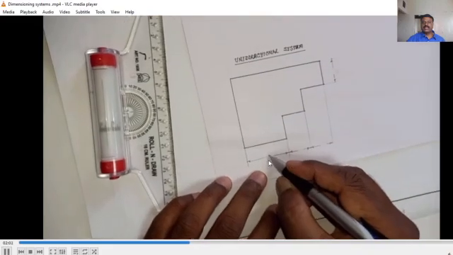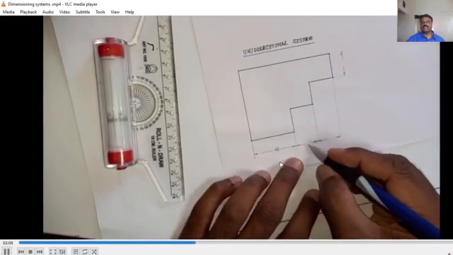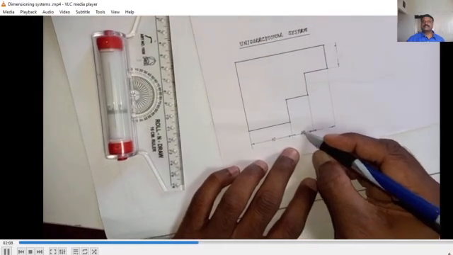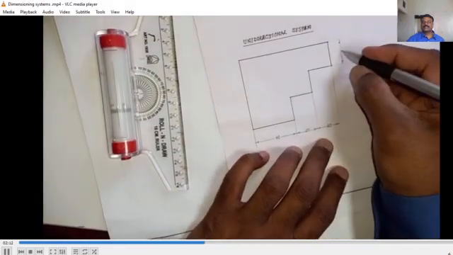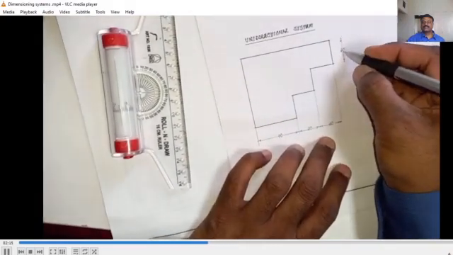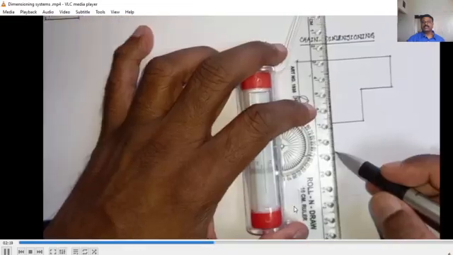So break the middle of the dimension line, and at the middle you have to insert the dimension text. And all dimensions are readable from the bottom.